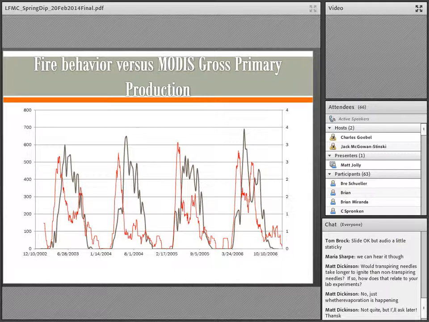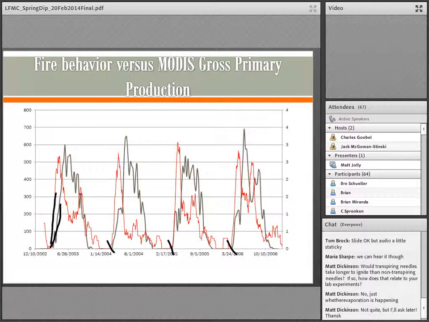And what you see is that indeed, as the MODIS GPP increases here during the start of that dip period, that's when the fire activity starts to increase, right at the same time. So each year we have nearly a perfect coincidence with the increase in fire activity and the increase in photosynthetic activity.